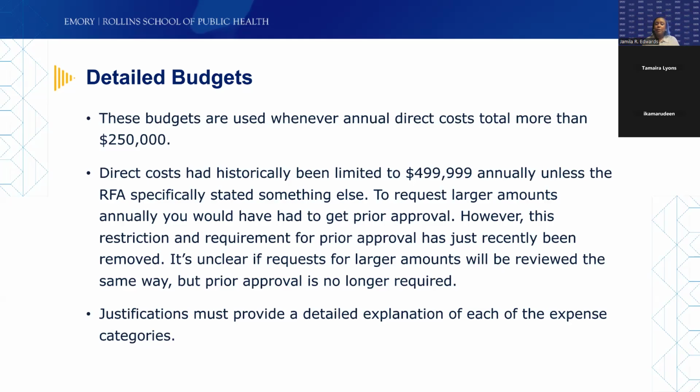And then the other important piece, like we said, is that justifications have to provide a detailed explanation of every expense category in detailed budgets, right? So that means we also have to include language that justifies our indirect cost rate.